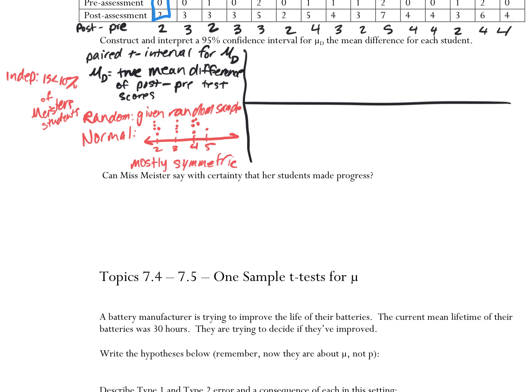So there is no paired t interval in your calculator. You run just like it was a one sample t interval. Anytime you're doing a t interval on a single set of numbers, you use t interval. So once you have it in, you run this exactly like you would if this came from a single sample.